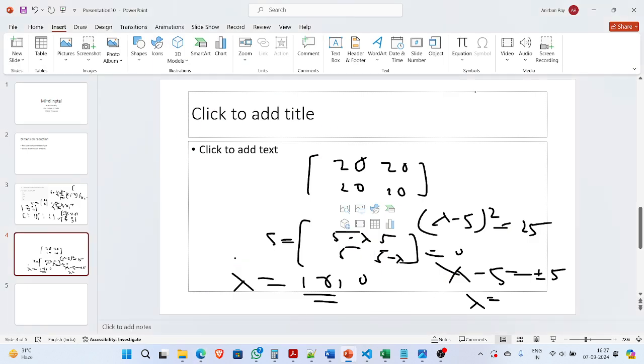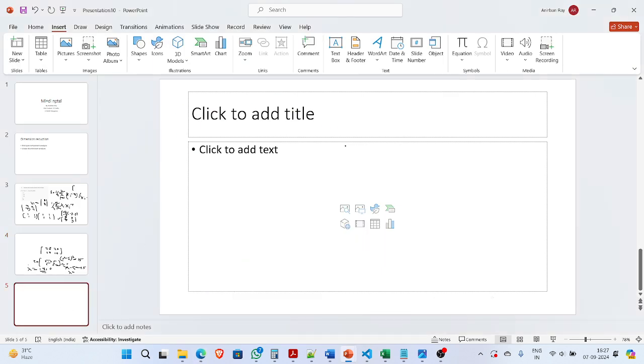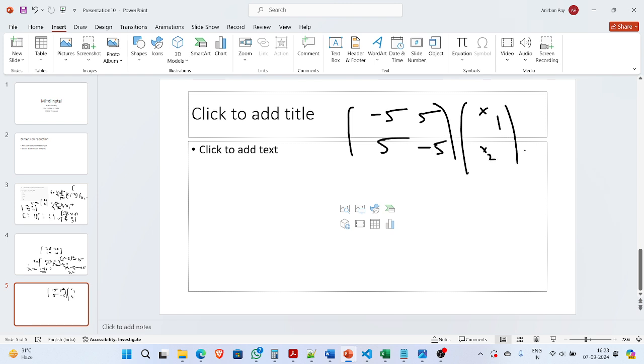To find the eigenvector, for each value of the eigenvalue, this becomes 10, so the matrix is minus 5 5 5 minus 5, times x1 x2 equals 0.